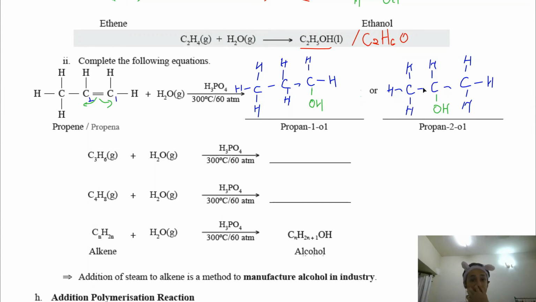Now, technically, the molecular formula is still the same. You are still getting C3H6OH. Still this chemical formula, just the position of the hydroxyl group is different. So this one is called propan-1-ol, or normally we will write it as 1-propanol.